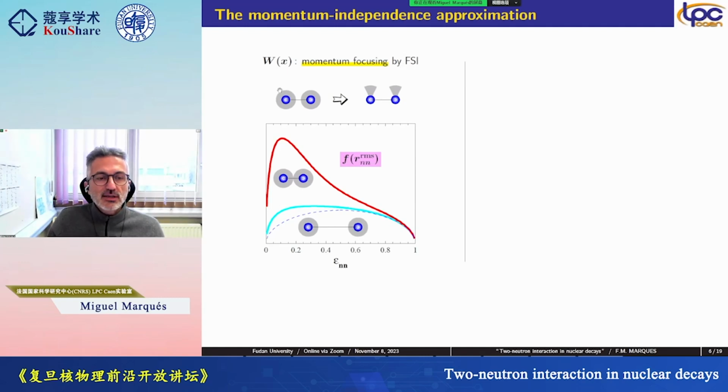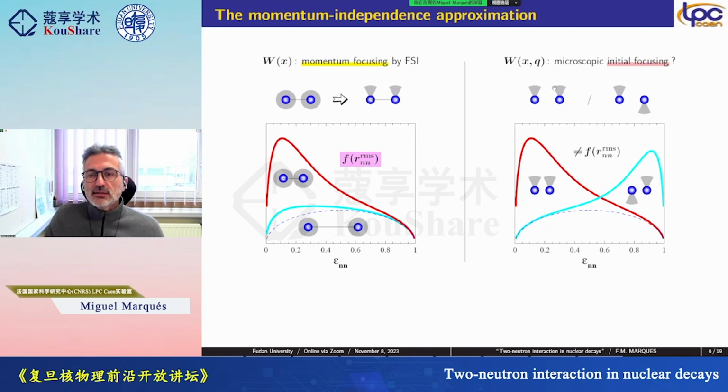So schematically, you have two neutrons with an independent momentum distribution, and the final state interaction will focus their momenta. The attractive interaction will align their momenta. And in this model, when the neutrons are close, the effect is bigger. When the neutrons are far away, the effect is smaller. And so you have, this is a function of the average neutron-neutron distance.